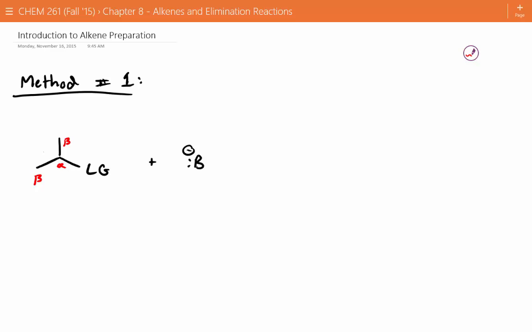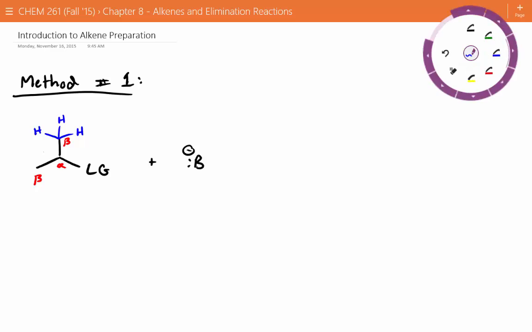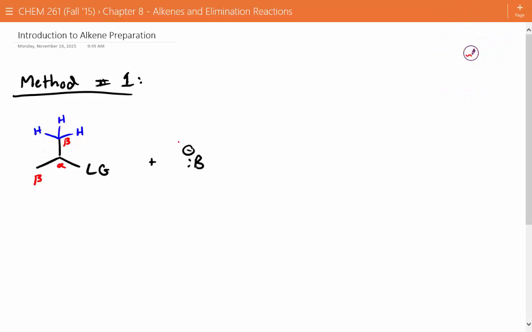In this reaction, the base really likes to grab beta protons. So let's look at these beta protons. I've got 3 of them right here. This base will actually reach over, grab one of these beta protons, and when it grabs that proton, we have to break a sigma bond.